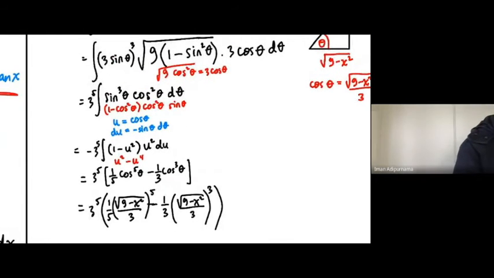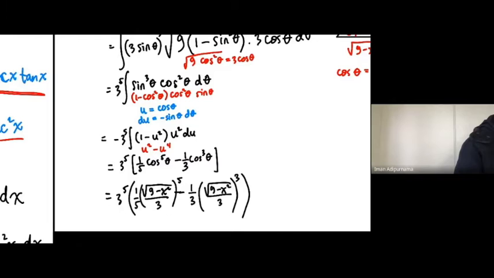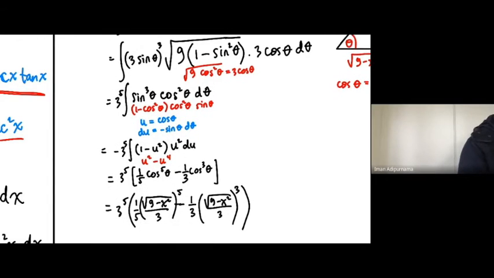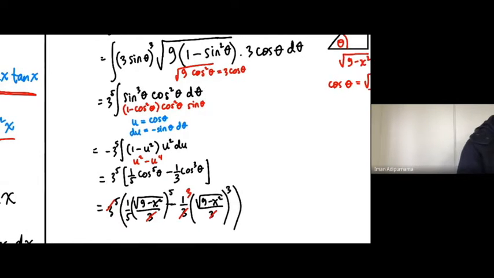And then, oh, this actually can cancel. And 3, 3, so this becomes 3 squared. 3 to the fourth over 3 to the sixth becomes 3 squared, so it cancels.